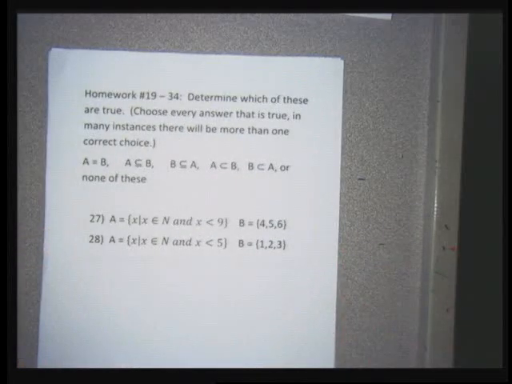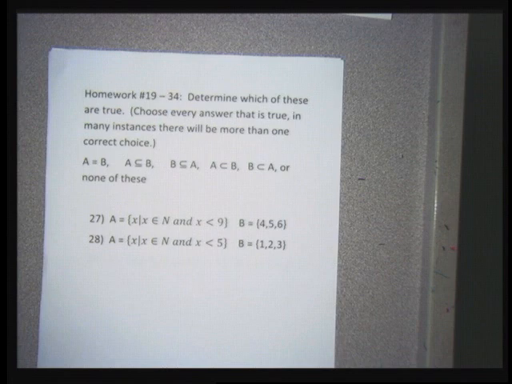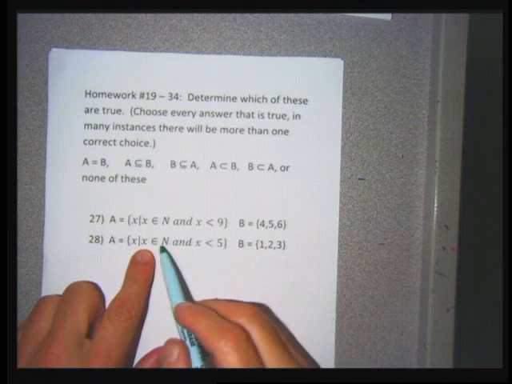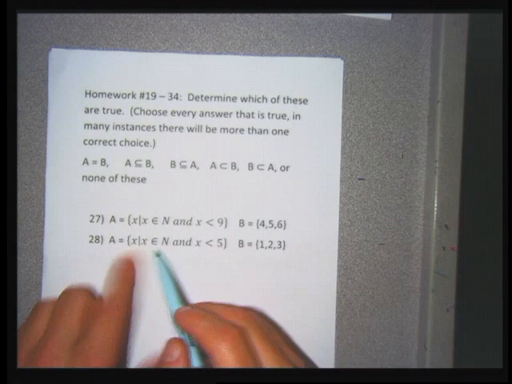And these get a little bit trickier because now the sets aren't defined in lovely roster form. They're defined in set builder notation. So when I do 28, I have to figure out what set A is before I can do the tests. First of all, it says set A is the set of natural numbers.